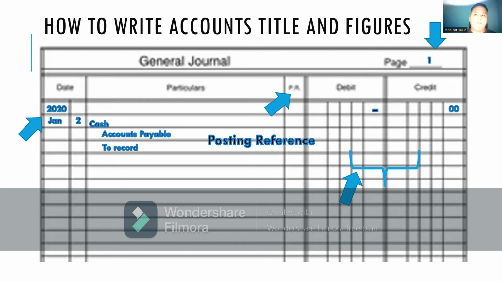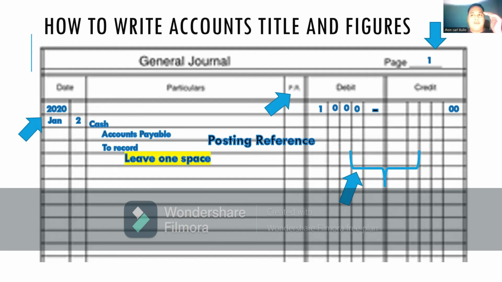Okay? Then we can start writing on the next column to the left. For example, we have the 1,000. So it starts on the right of yours, 1, 0, 0, 0 for 1,000. Okay? So that is the standard way on how you are going to write the figures on your journal.